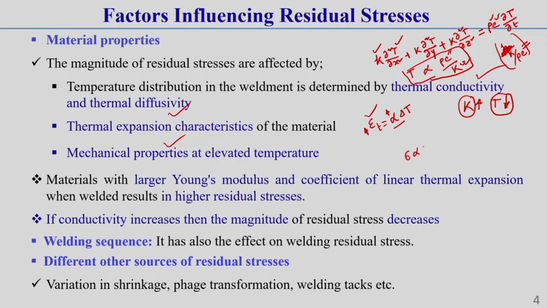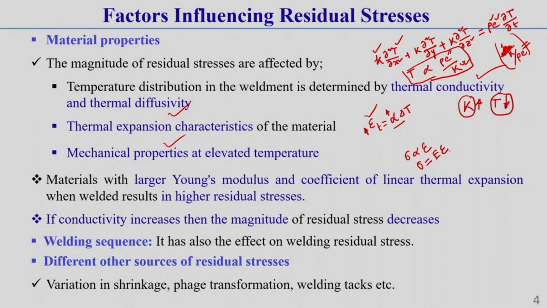What I am telling, understand, that is why you should keep it in mind. Whenever a material has a mechanical property which is more, especially Young modulus more at elevated temperature, that material has a chance to develop more residual stress. Why is it more? Because stress is proportional to strain. So, sigma equals E into epsilon, because we know residual stress depends on elastic strain.